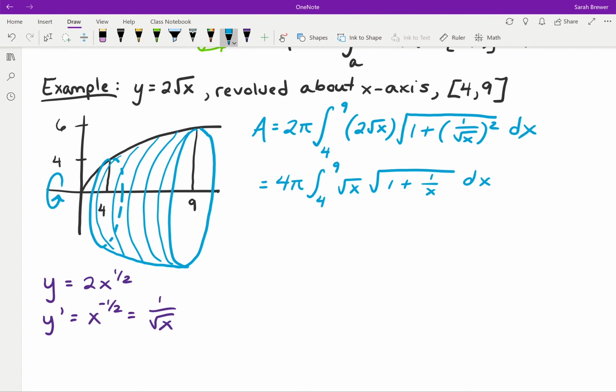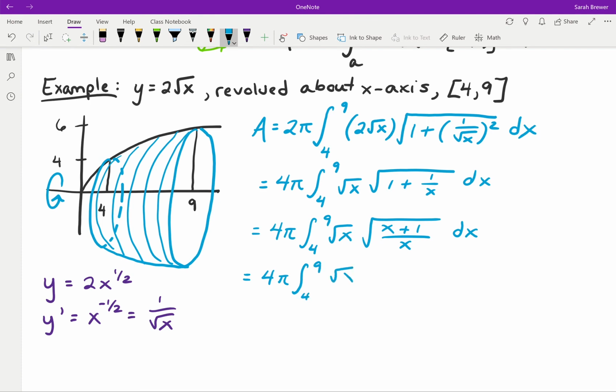What I'm going to do next is get a common denominator under my radical. And that's going to give me x plus 1 over x. And when I split up that radical, what I'm going to have here is square root of x over 1 times square root of x plus 1 over square root of x.